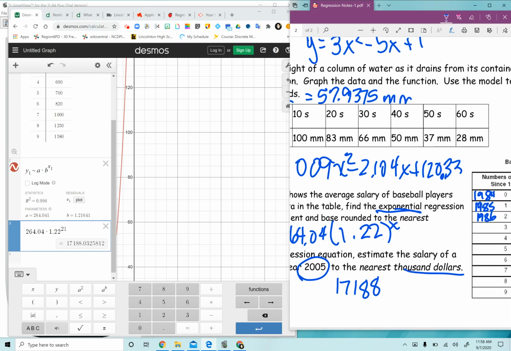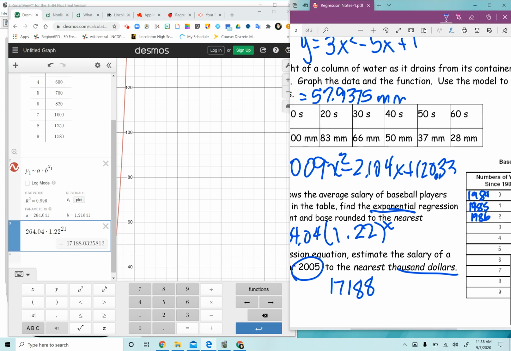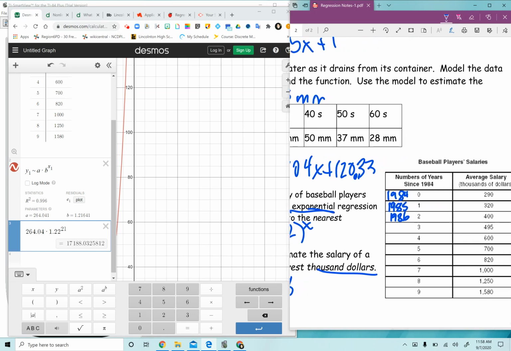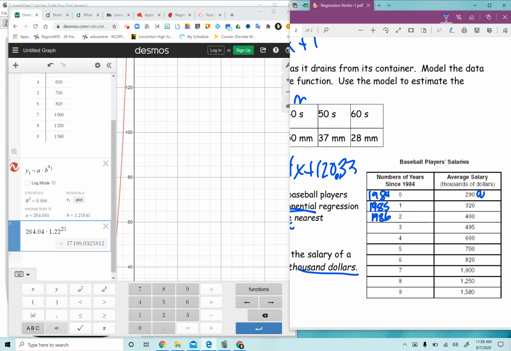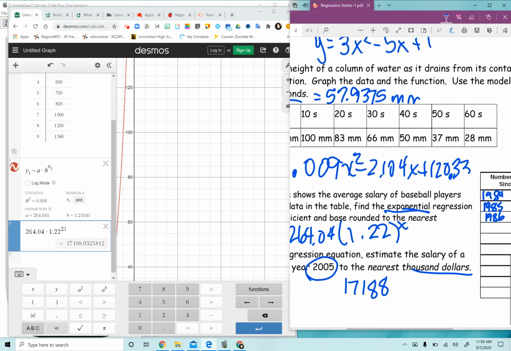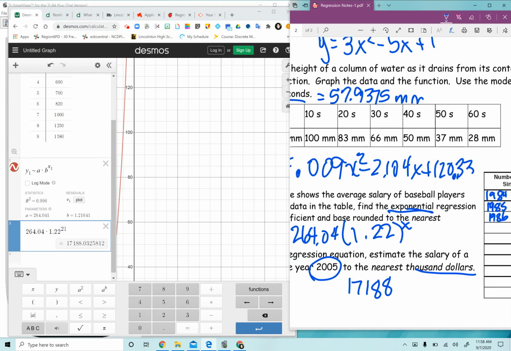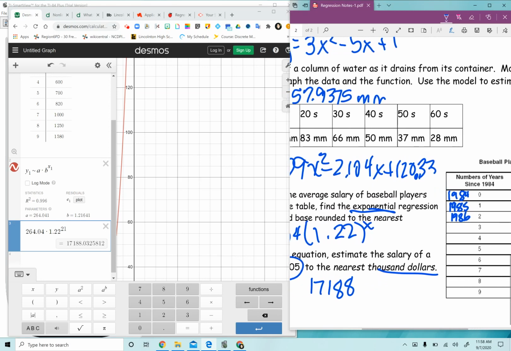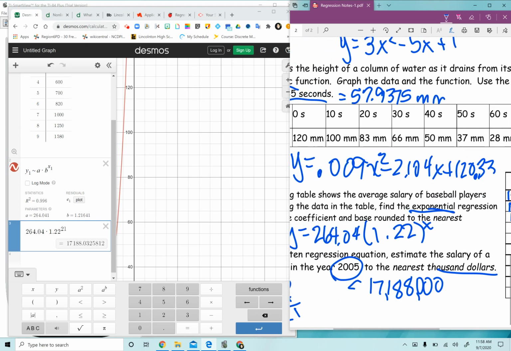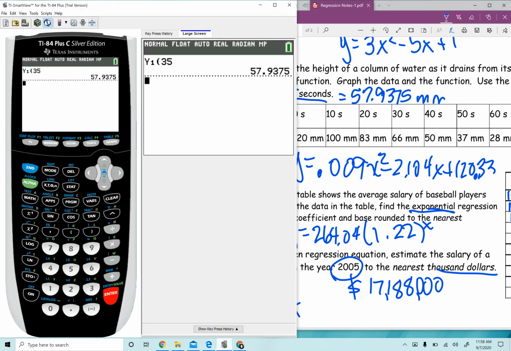And that's the thousands of dollars. So this is really $290,000. So let's put $1,000 on here. So that's really $17 million in 2005. Okay. So this is what you would do for regression in Desmos or in your TI-84 graphing calculator.